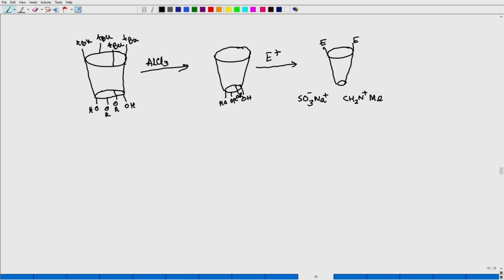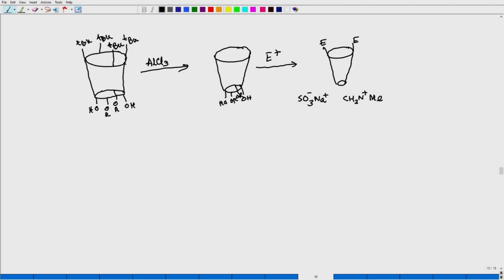So, that means we can do systematic regioselective substitution at both the upper rim as well as the lower rim, and that will change its hydrophobic or hydrophilic character, and we can make different hybrid structures.